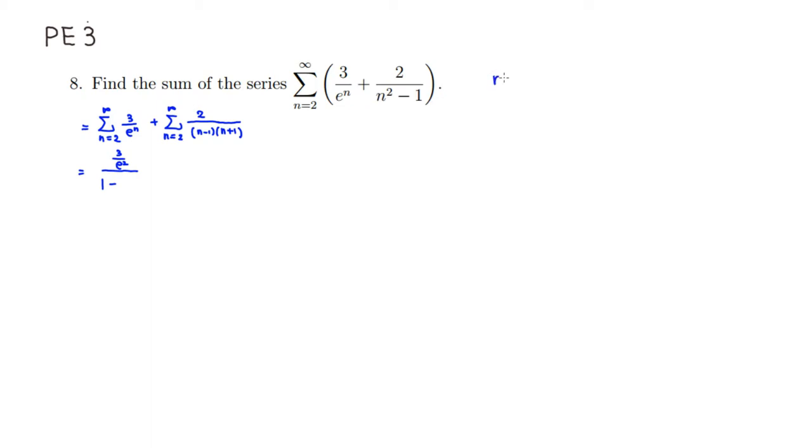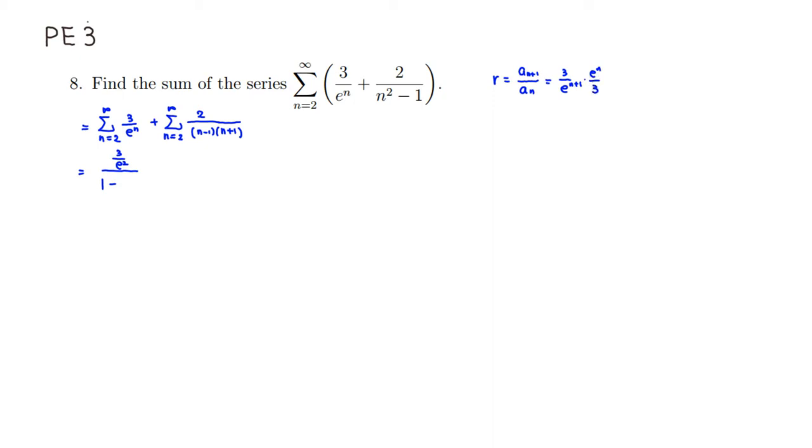R is going to be equal to, for a geometric series, a n plus 1 over a n. So a n plus 1, in this case, is 3 over e to the n plus 1. Divide by a n, so I take the reciprocal, e to the n over 3.